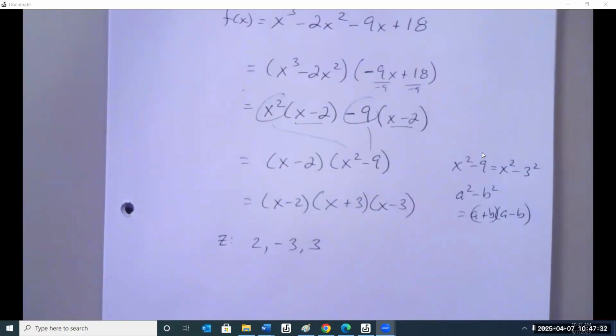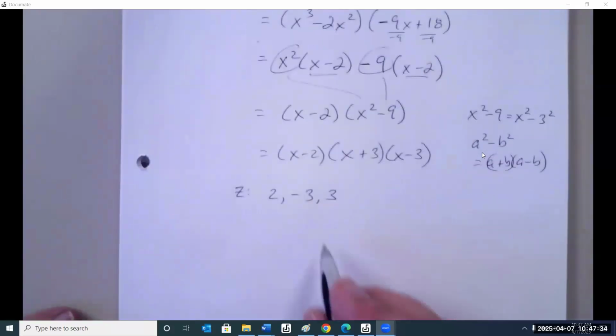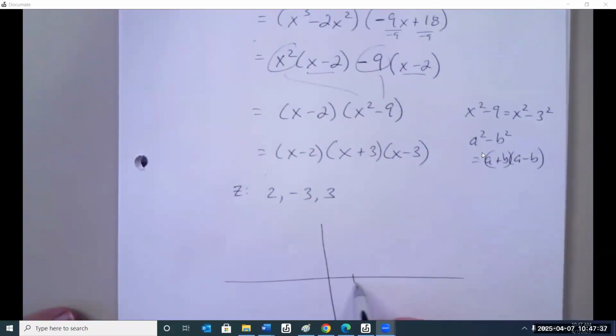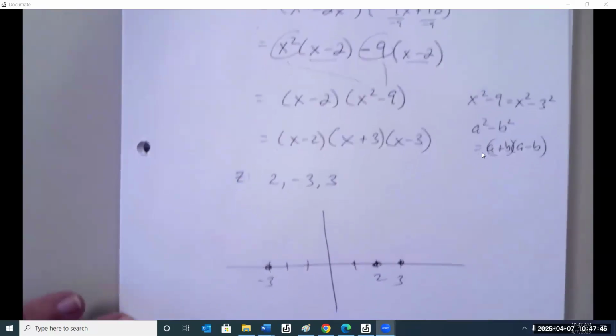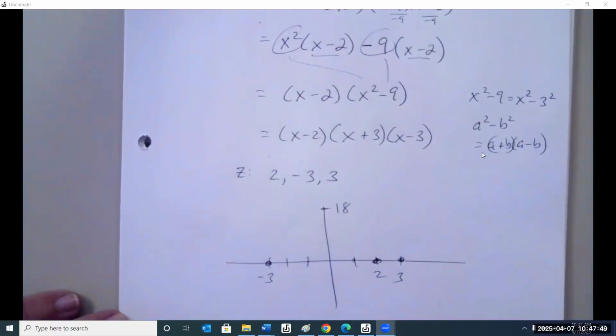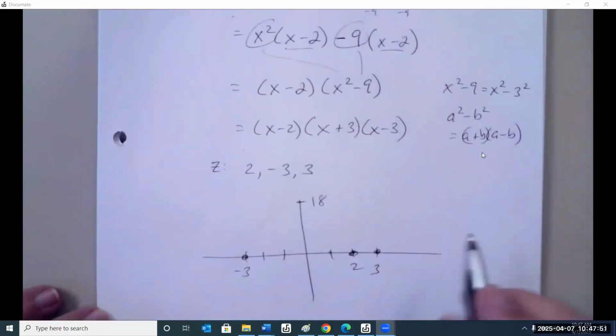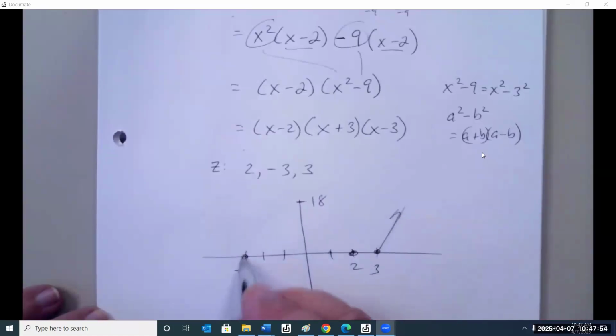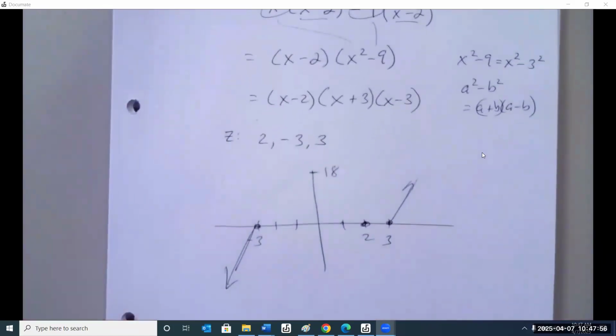Those are my x-intercepts. The y-intercept is 18. It's a cubic.